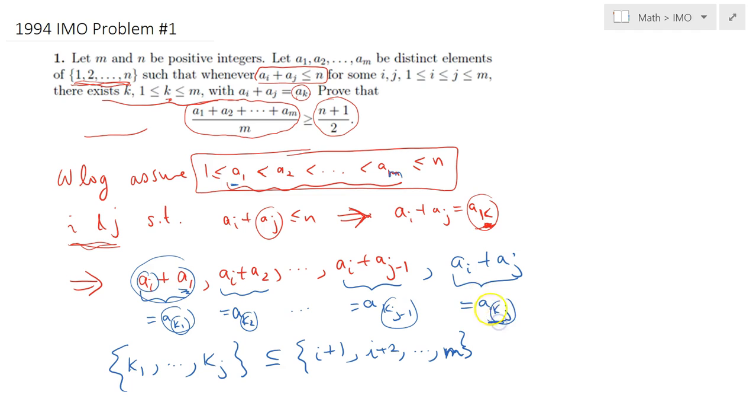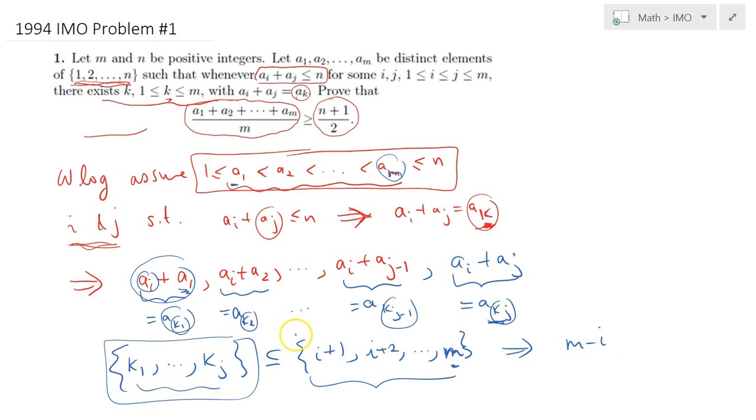The largest one can be a_m if any, and so that's a subset of it. So how many terms in this sequence? Obviously m minus i terms. So m minus i should be greater than or equal to its subset, right? We are just counting in absolute values, so m minus i is greater than or equal to the count here, which is just j.